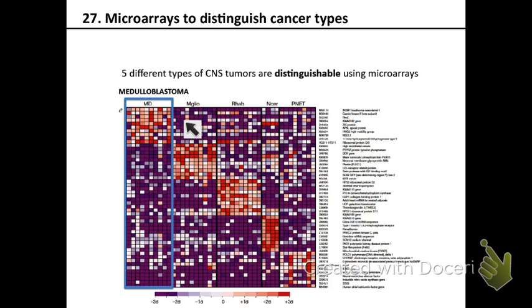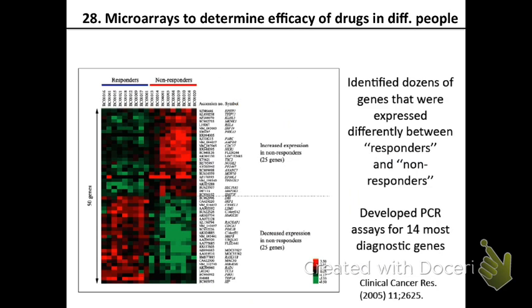You can see that the expression of this group of genes is high in medulloblastoma, but not high in the other 4 cancer types, etc. So by doing the microarray analysis of these tumors, the doctor can decide which cancer type this patient's cancer belongs to, right? And then adjust the treatment to that.